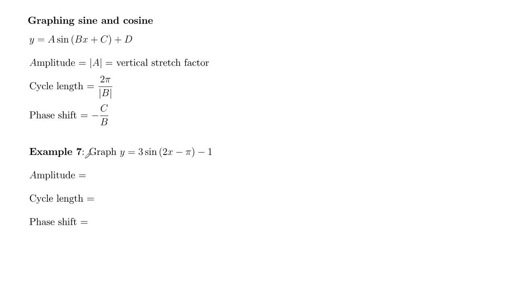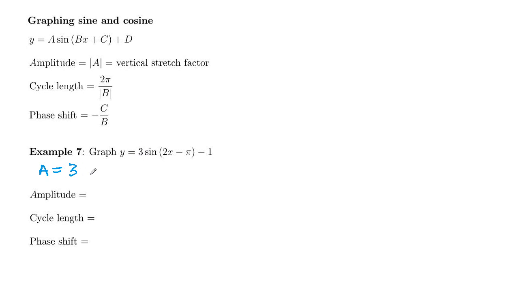So in this example here, we've got y equals 3 sine 2x minus pi minus 1. So let's go ahead and identify our coefficients here, and then we'll find the amplitude, cycle length, phase shift, and graph. So A is our multiplier out in front, which is 3.